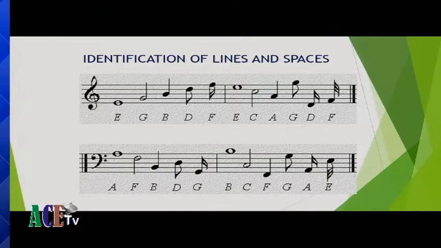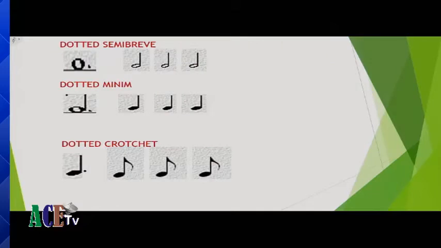When it comes to dotted notes, you have your dotted semibreve as the first note. You have the dotted minim as the second note. Likewise, you have the dotted crotchet.